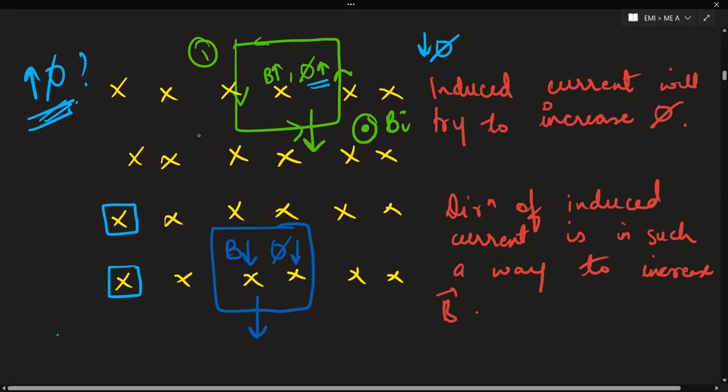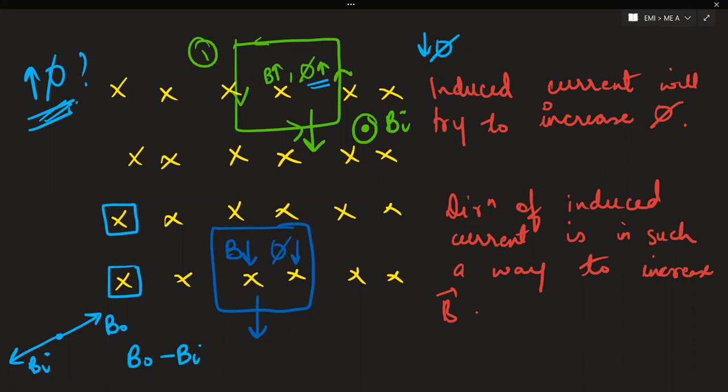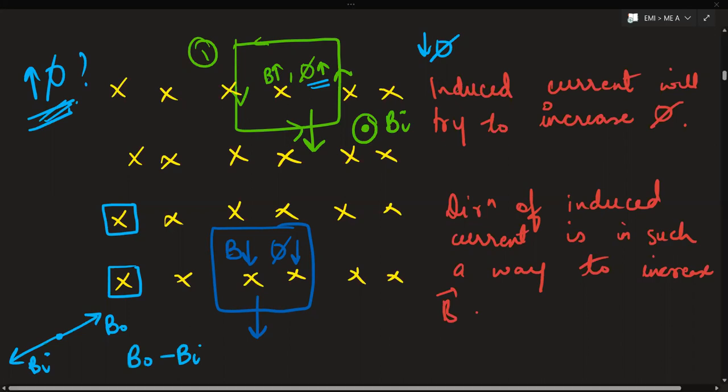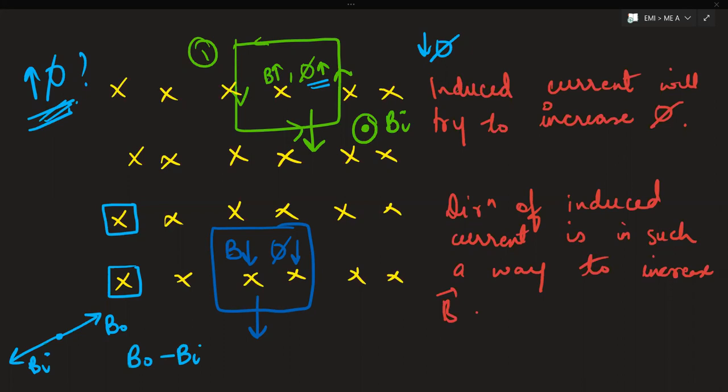So if the induced magnetic field points inwards, then the net magnetic field will be what? Original minus induced. If two vectors are exactly in opposite direction, making an angle of 180 degrees, you subtract both the vectors, right? So if both the vectors get subtracted, your resultant magnetic field will decrease.